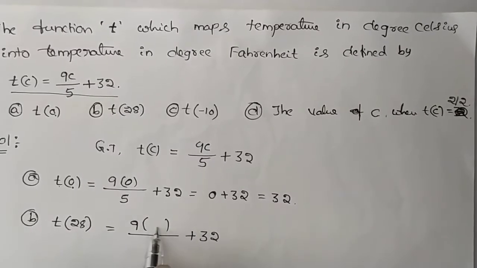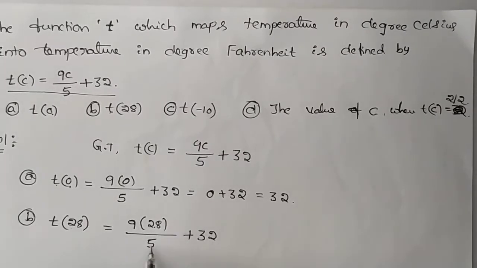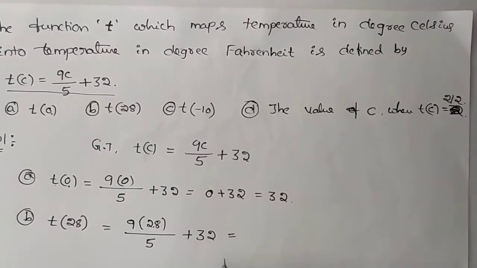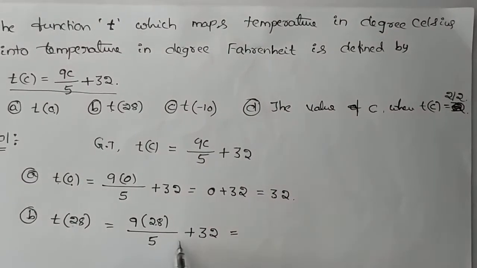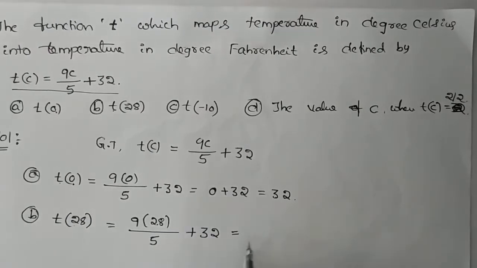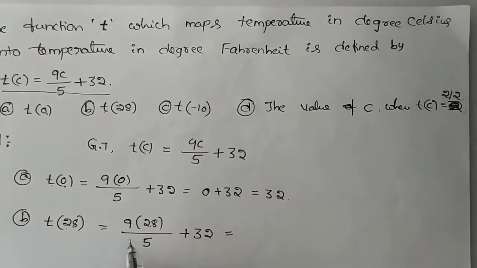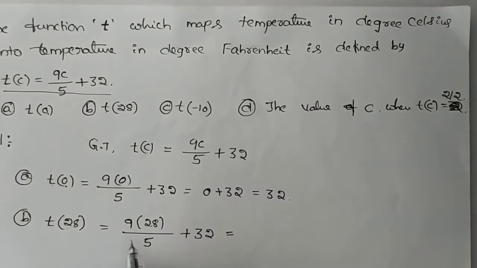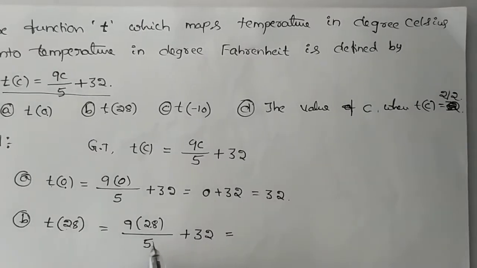In place of C, we have to put the value 28. 9 into 28 divided by 5 plus 32 equals, now you just simplify it by taking LCM, and we will get the final answer for the value of T of 28. 9 into 28 is how much? 252.